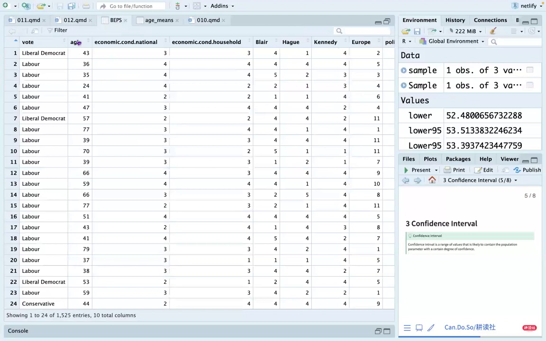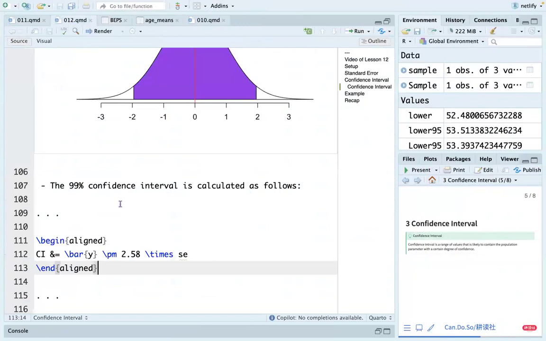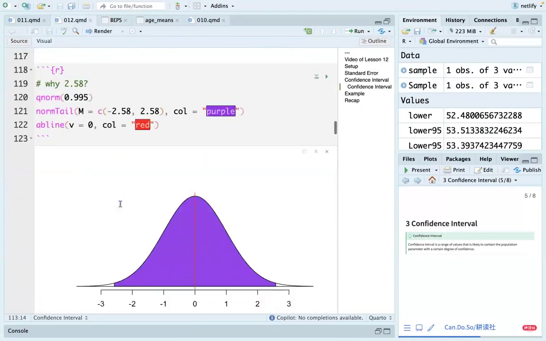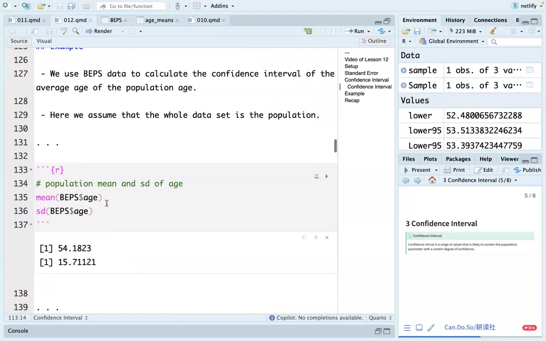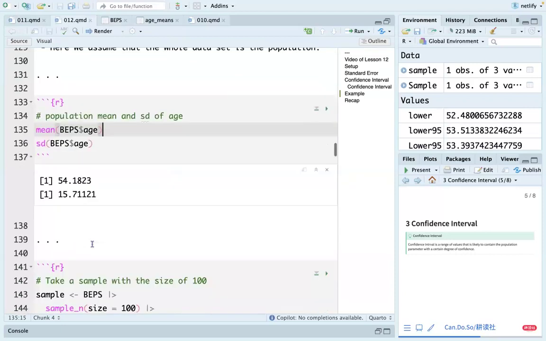So we can find the population mean and the standard deviation of age, which are 54 and 15.7.